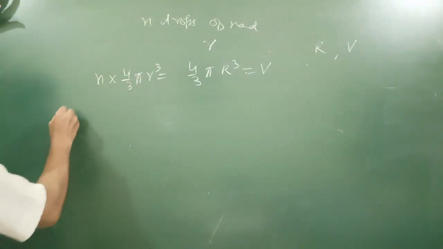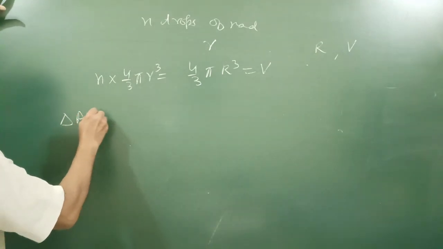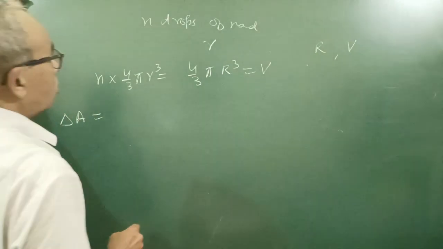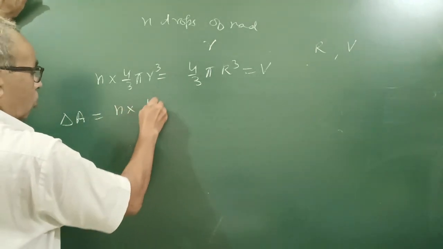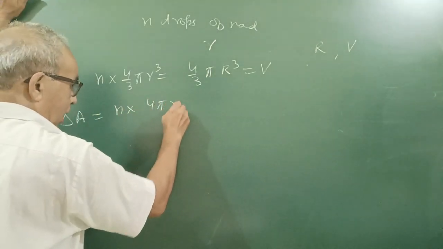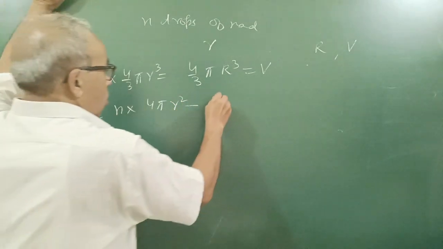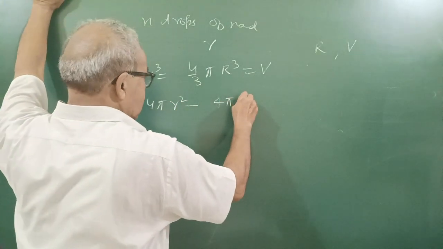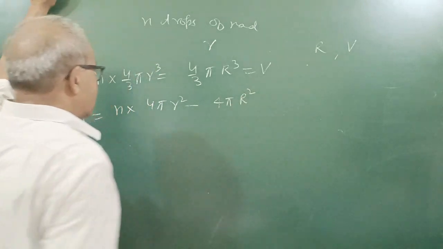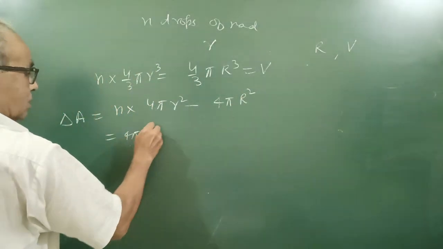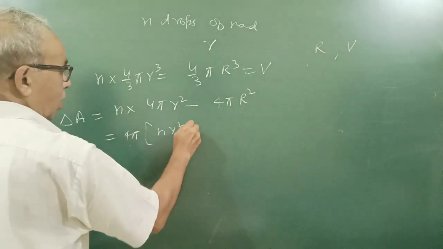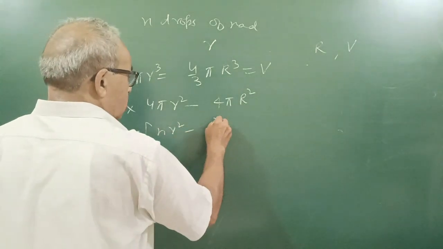So delta A is equal to the surface area of n drops, n into 4 pi r square, minus 4 pi R square. So here 4 pi common, n r square minus R square.